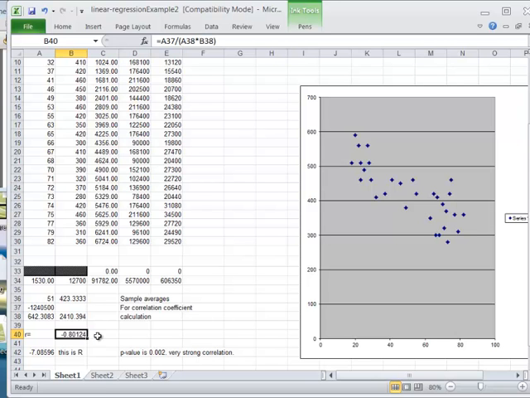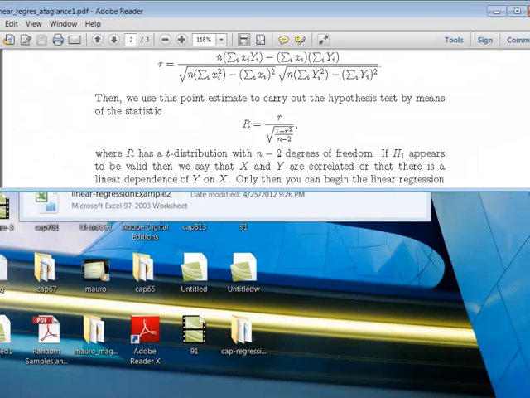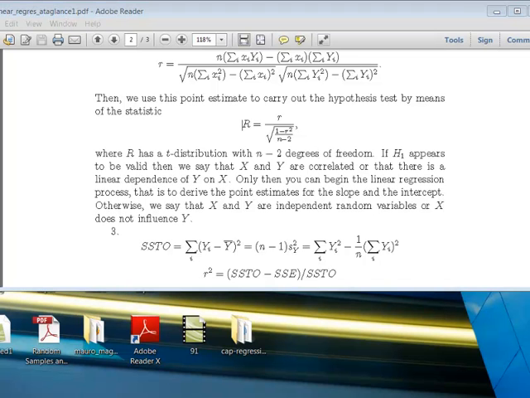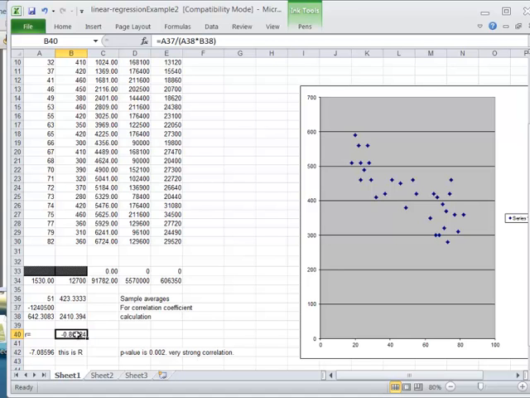Now, using the sample correlation coefficient, I go back and calculate my R here. And the value of this statistic R for this particular example is recorded here on the square that has been highlighted.